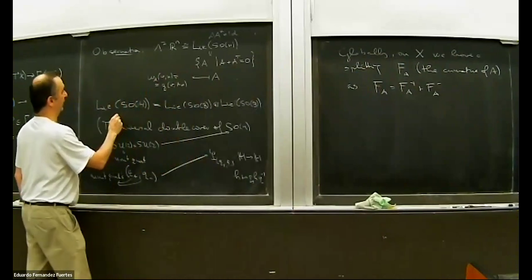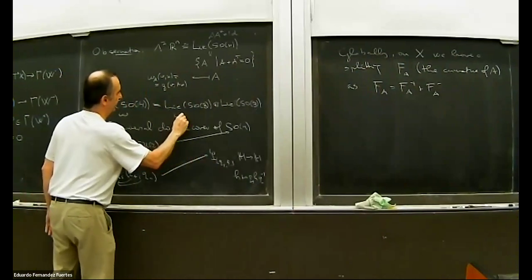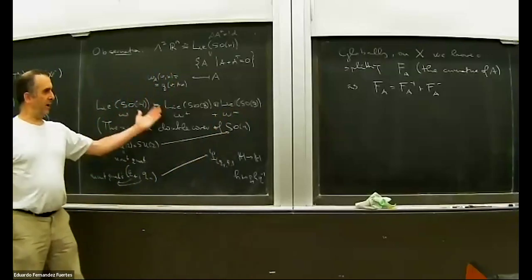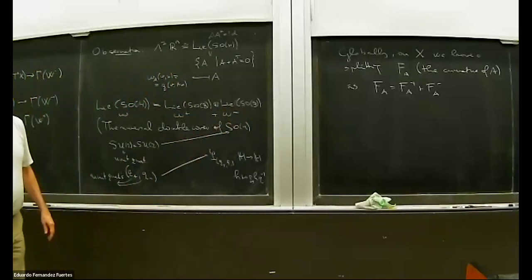So we have an omega, then it can be decomposed as the sum of a positive and the negative side.